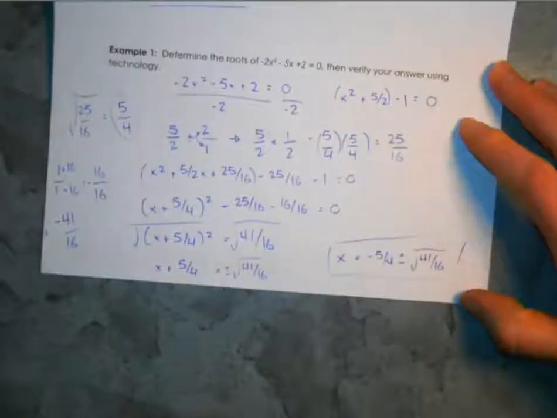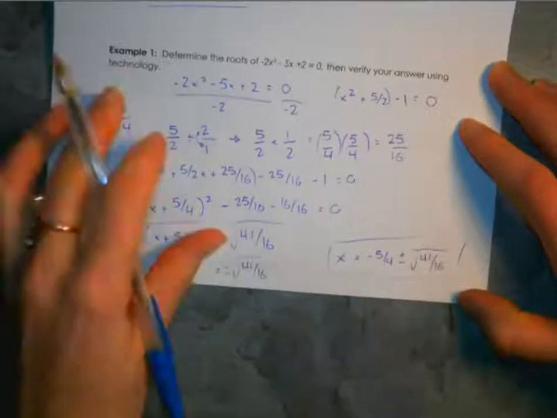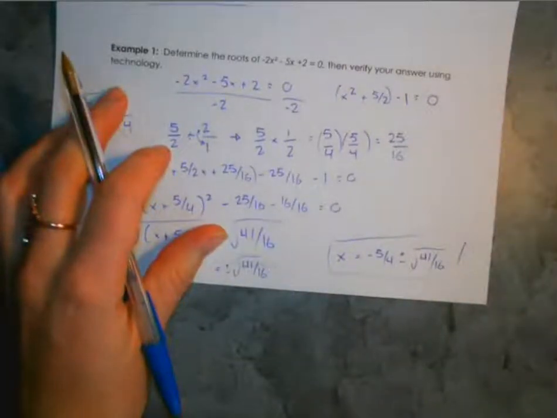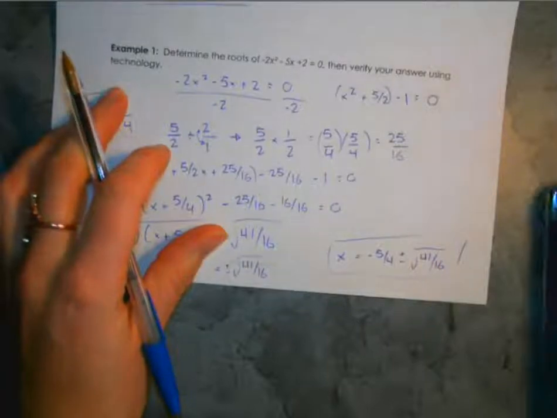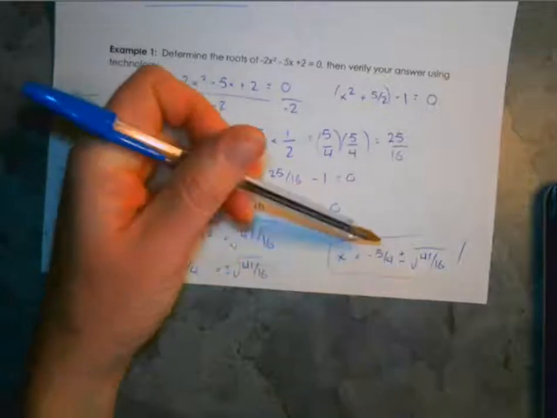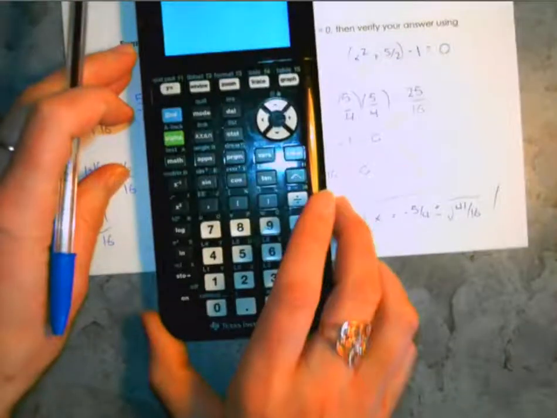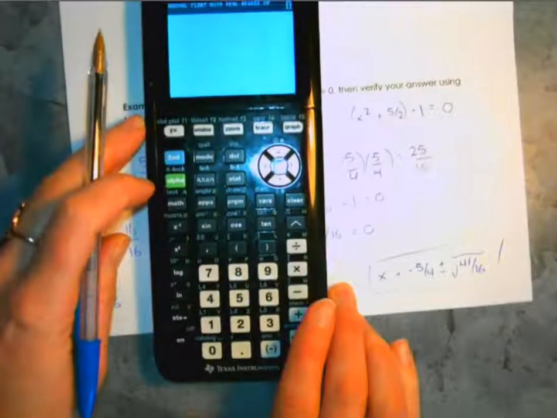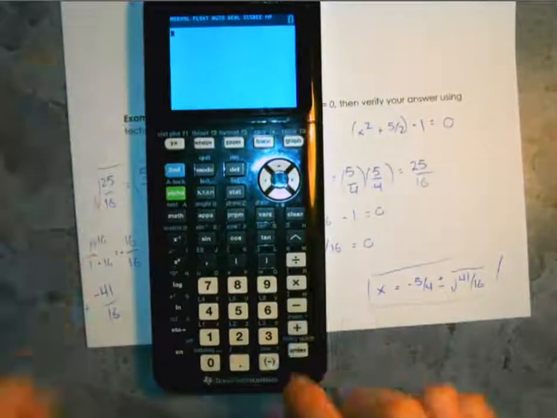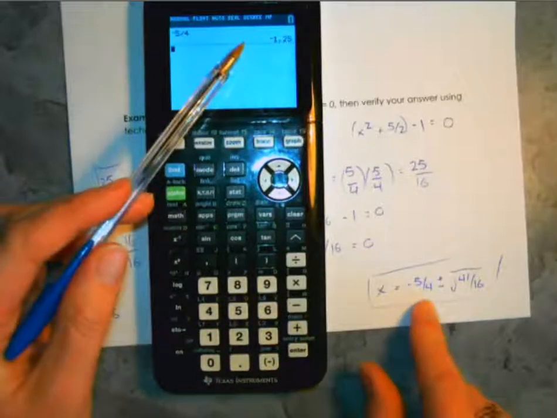Okay, so this is great because it's being left in an exact form, but if you want to confirm with technology, you're going to have to see on your graph what this number would be in decimals, because your graph will read in decimals. So in your calculator, negative 5 divided by 4 gives us negative 1.25.